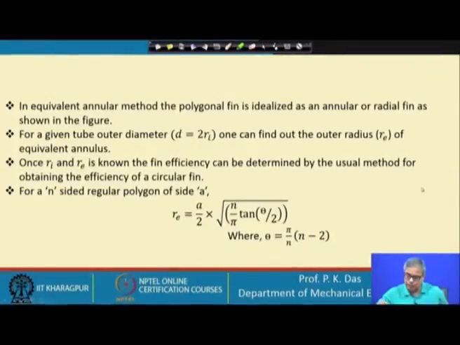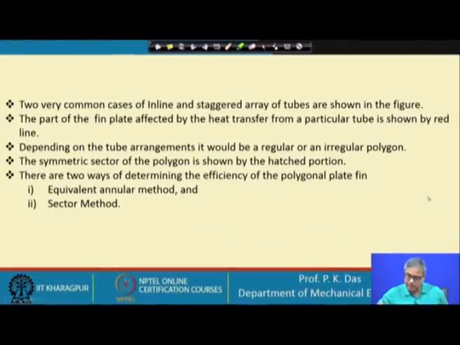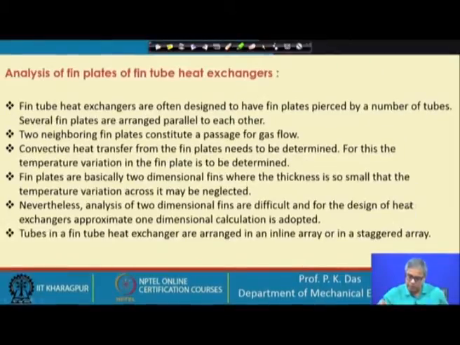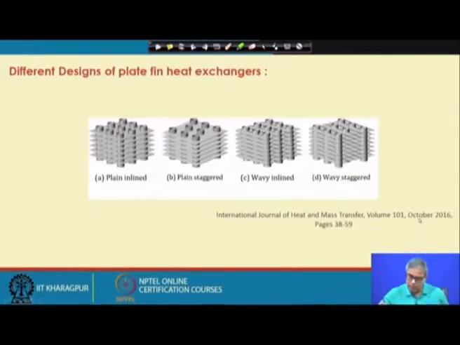Let me go back to the previous slide. Here, we can see that so many tubes are there.